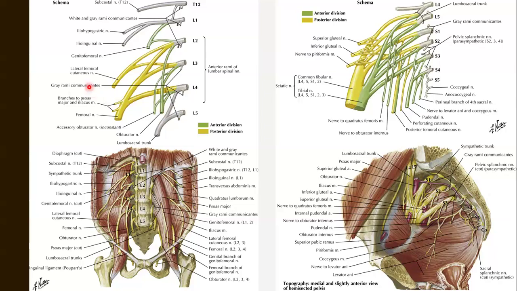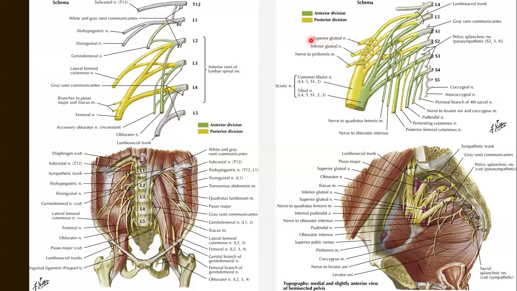But there are many others. Lateral femorocutaneous nerve, genitofemoral nerve, ilioinguinal nerve, iliohypogastric nerve. Those two may not quite supply a big region in the lower limb, but they're part of the lumbosacral plexus of nerves.